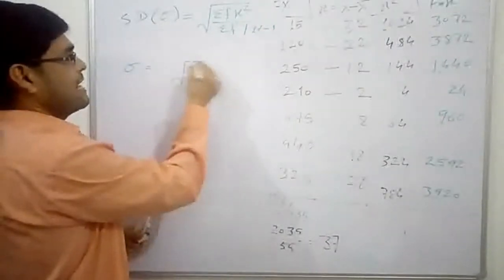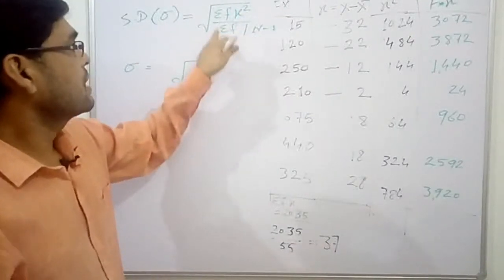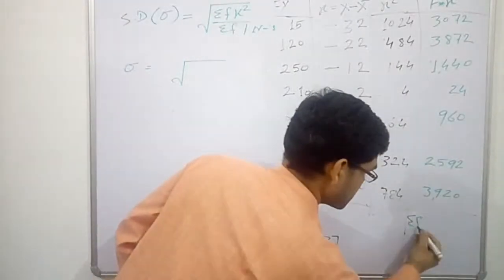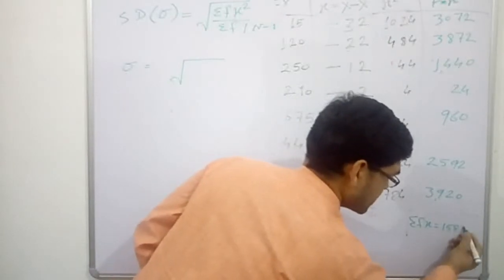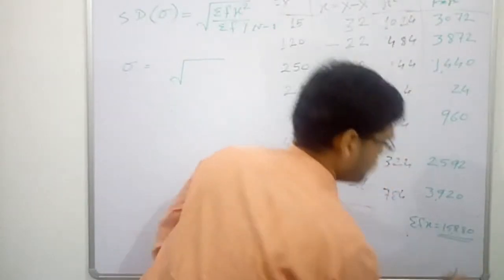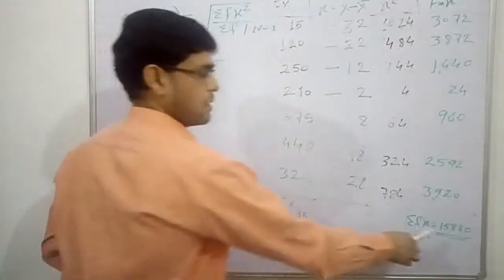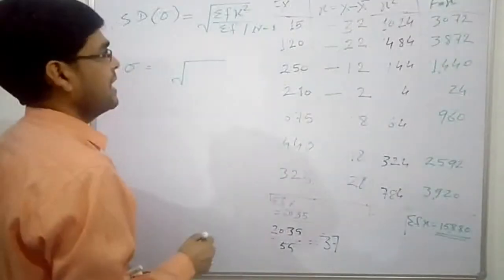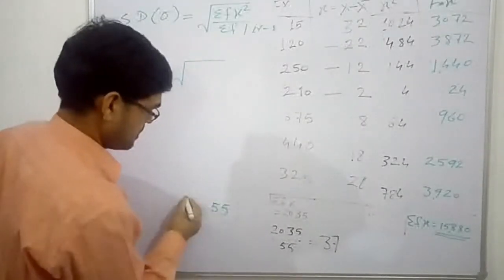So now, just put in all the values required in the formula. Sigma fx square is 15880, if you get the total of this column. And sigma f we have 55.